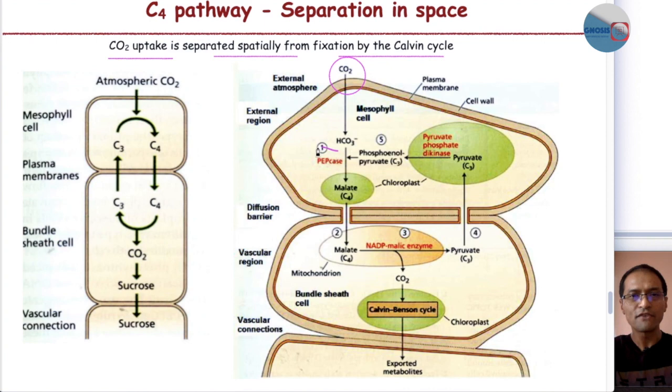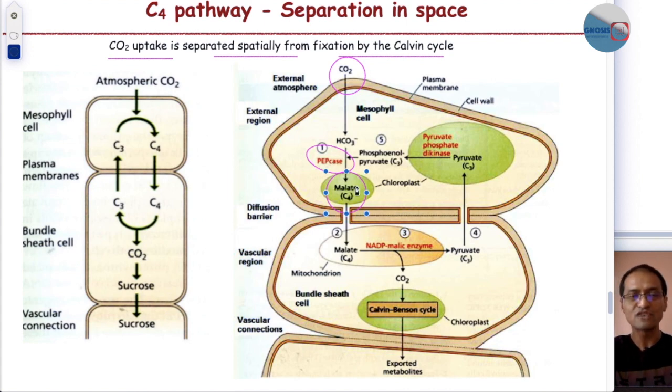What phosphoenol pyruvate carboxylase does is it converts phosphoenol pyruvate into oxaloacetate, which is then finally converted into malate. And this malate is then transported out of the chloroplast into the bundle sheath cells.